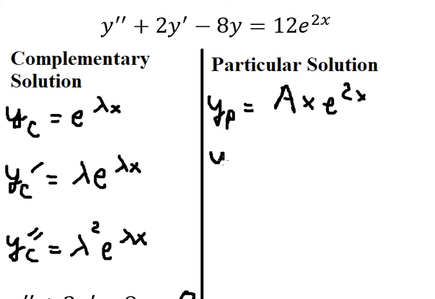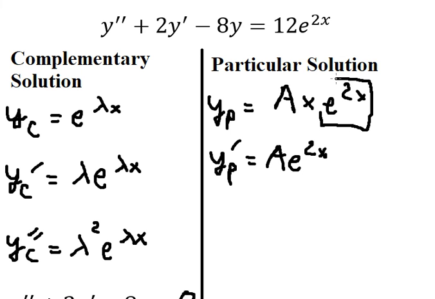Next, we do the first derivative of yp. So we do the first derivative of s, we have number 1. First derivative of e to the power of 2s, we have number 2 e to the power of 2s.